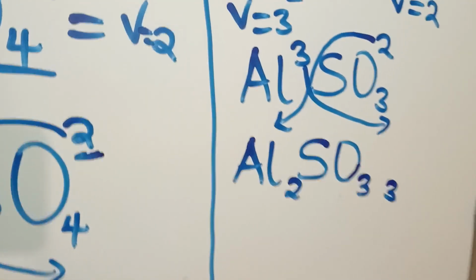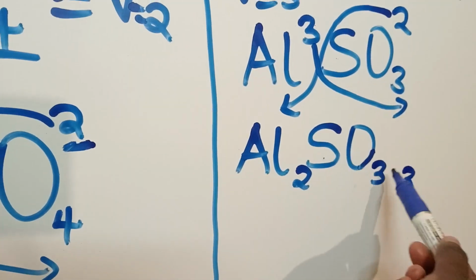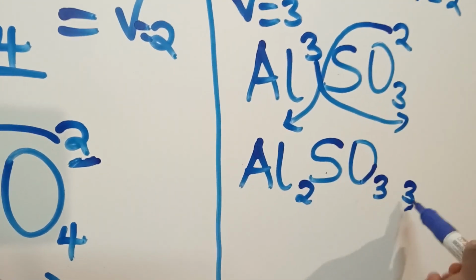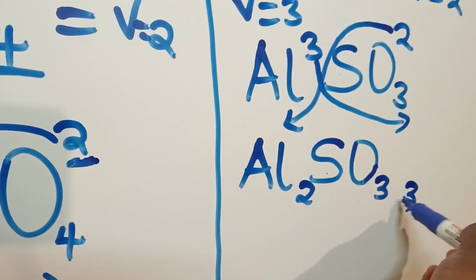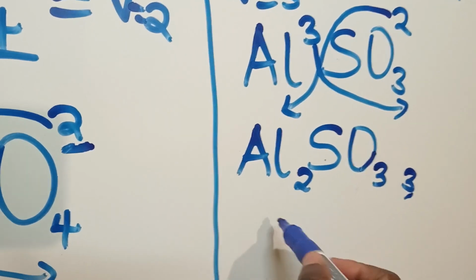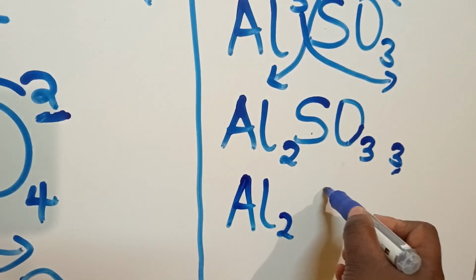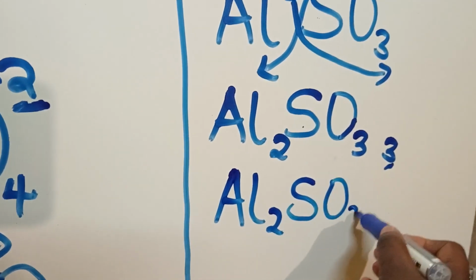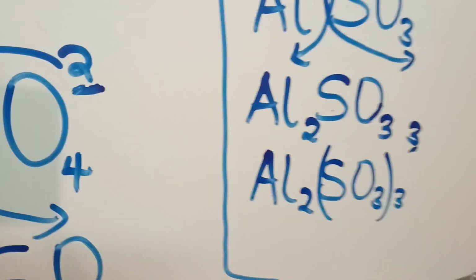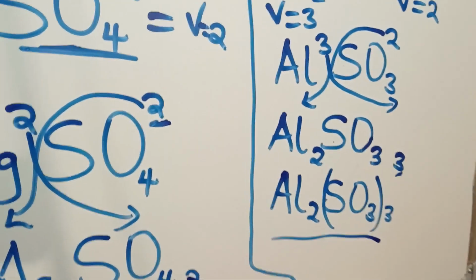So I want you to get something. You see this SO3, it is the same here, SO3. This 3 is the 3 that was from aluminium. So we cannot again cancel these 3. Again, the 3 and the 2 cannot cancel. So what we do, we introduce a bracket. SO3 and a 3, we introduce a bracket. So this becomes aluminium sulfite.